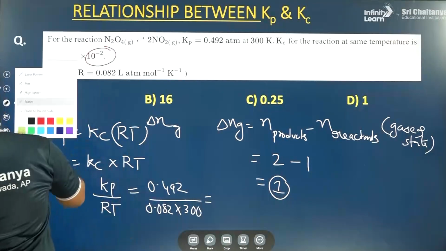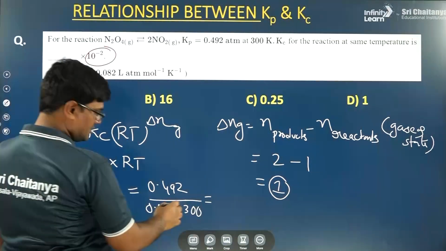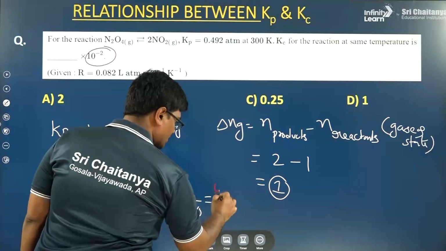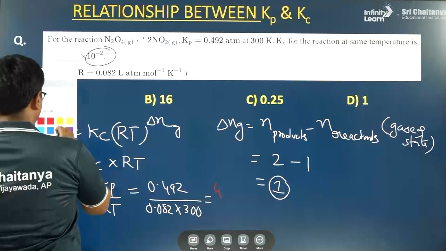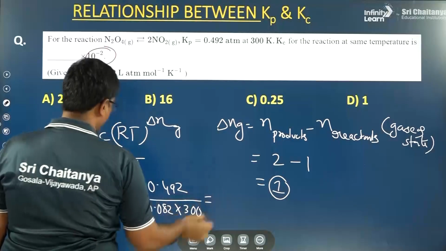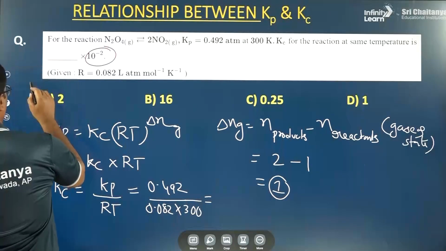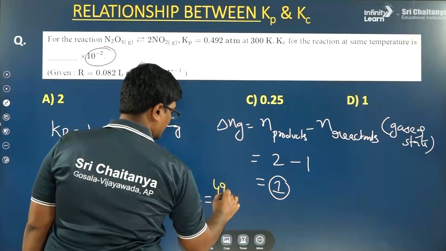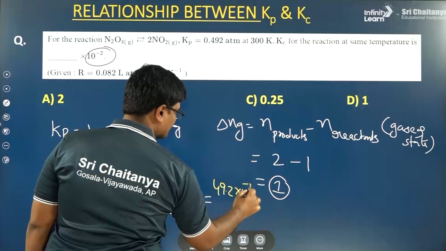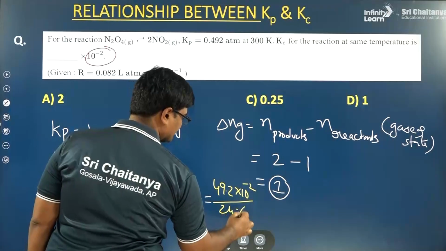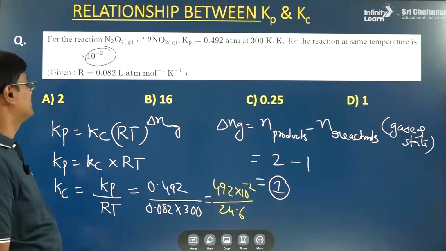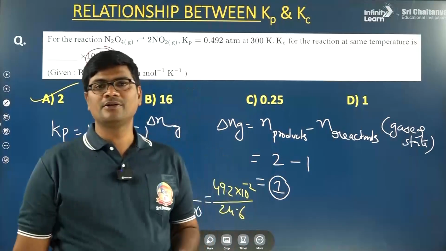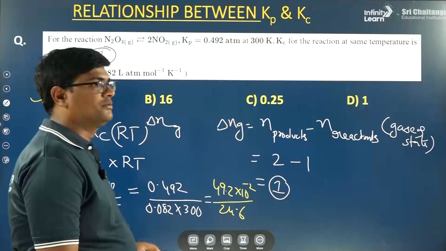If I take 10 power minus 2 separately, then it will become 49.2 into 10 power minus 2 divided by 24.6. So obviously it is 2 into 10 power minus 2. So what is the answer? Option A, 2 into 10 power minus 2.